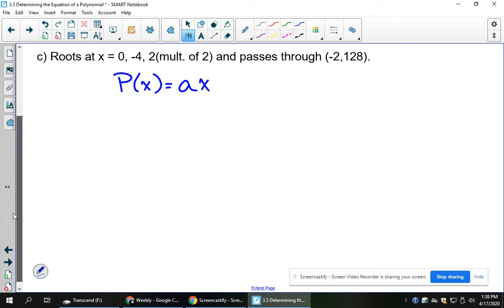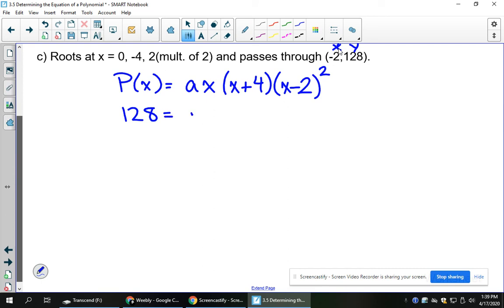You can put it in a bracket if you want, but x times a is just ax. And then we've got x plus 4, no multiplicity stated, so we assume it's 1, and x minus 2, multiplicity 2, passing through a y value of 128, an x value of negative 2, and we'll evaluate.